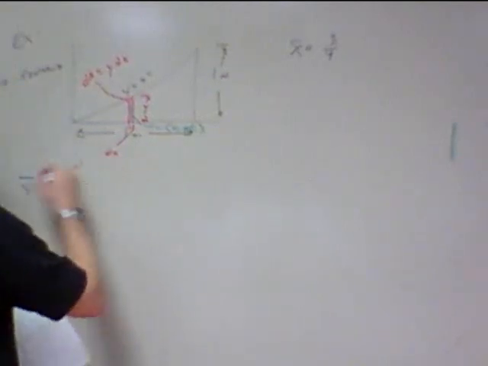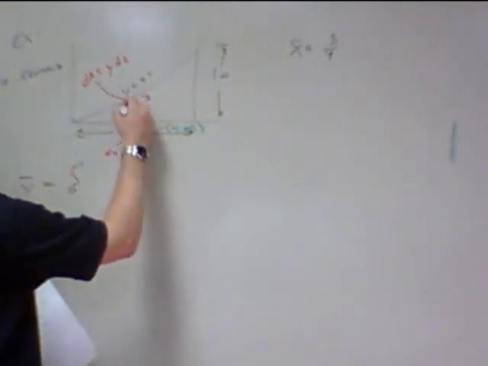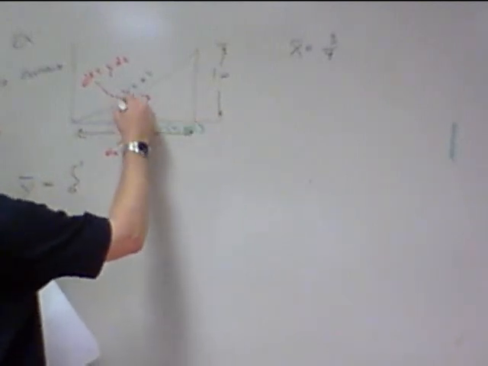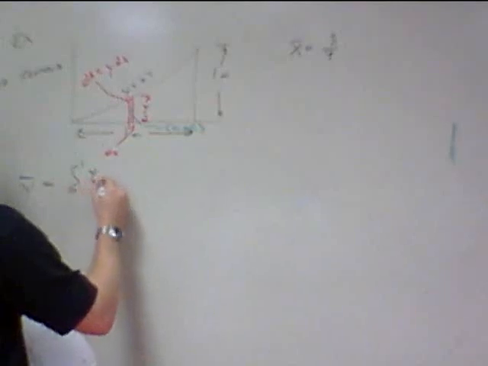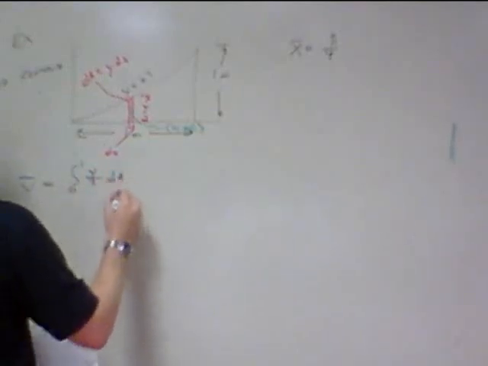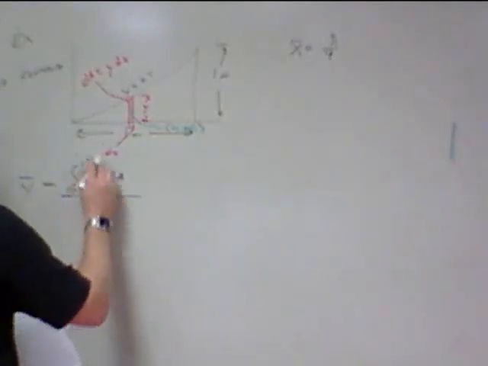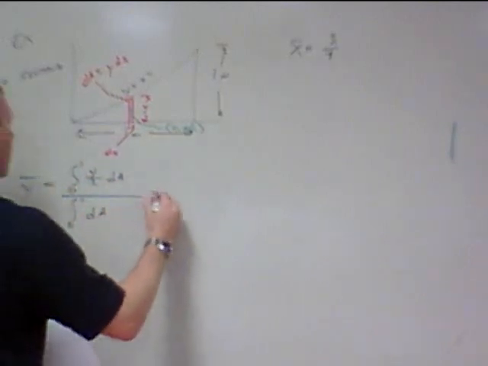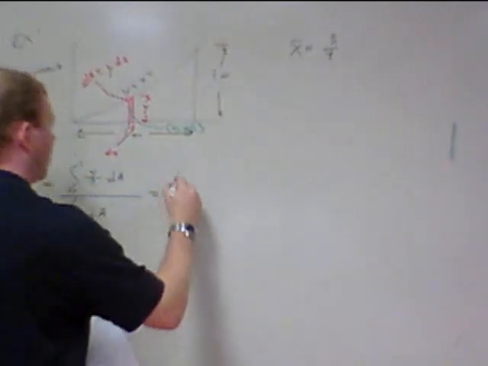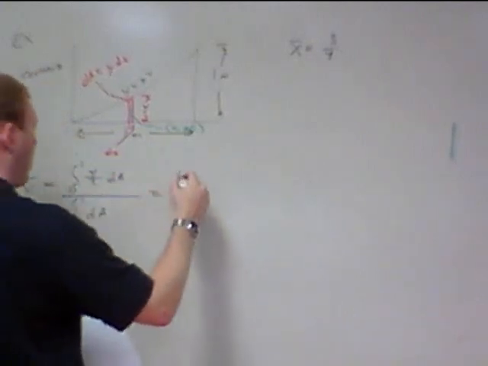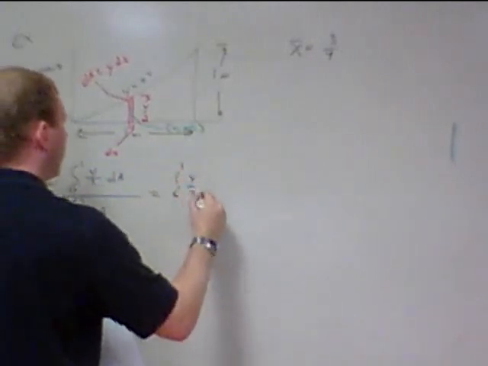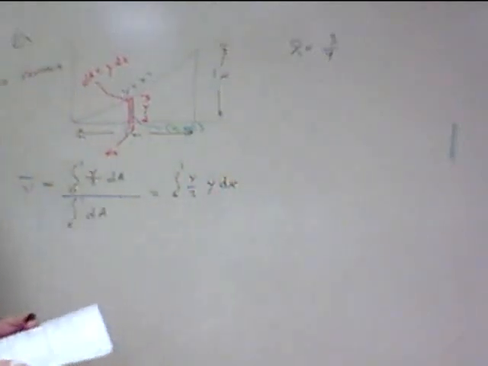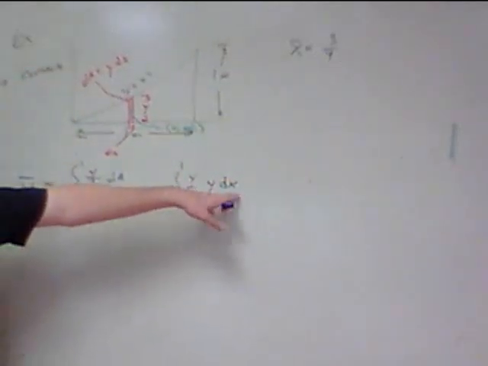The y position for the centroid is the integral from 0 to 1 of y over 2 dA, divided by the integral from 0 to 1 of dA. And so then we end up with the integral from 0 to 1 of y over 2 dA is y dx. Okay. Notice an important detail here.